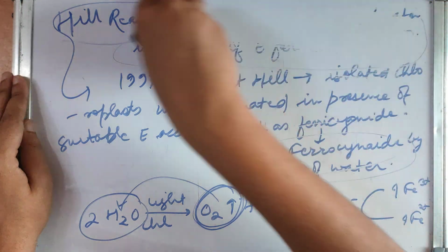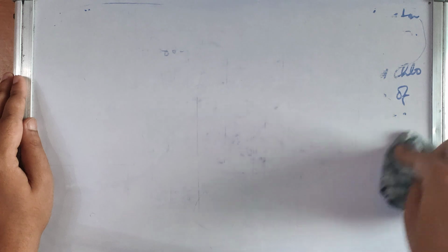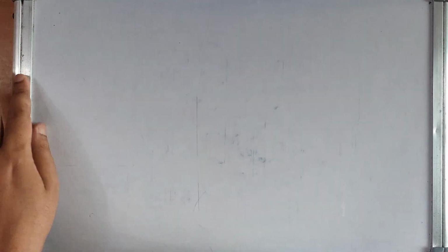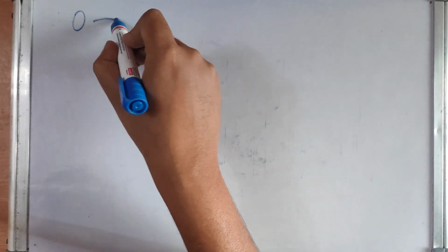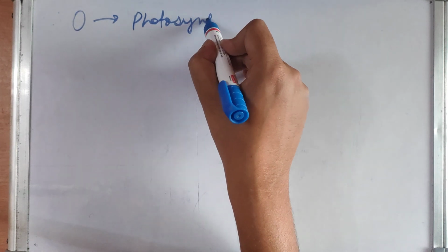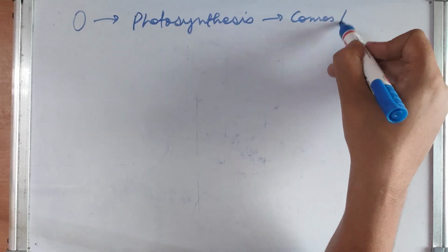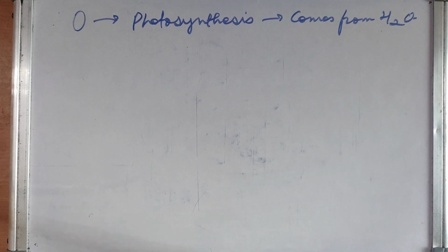Now moving on, here we need to prove that oxygen evolved in photosynthesis comes from water.